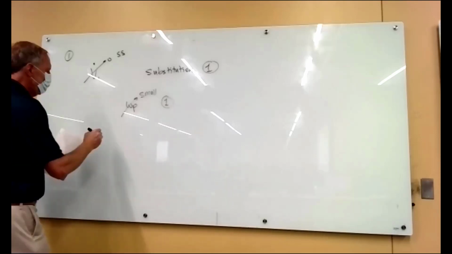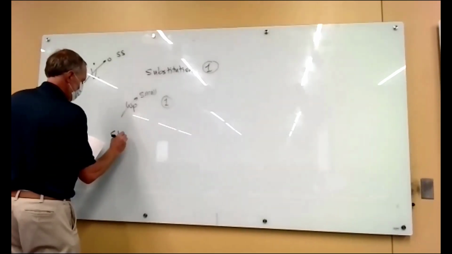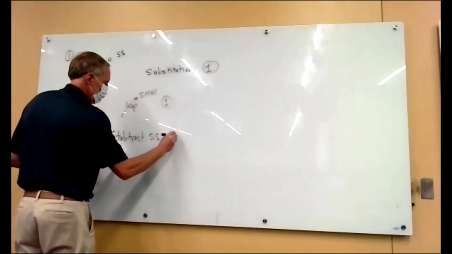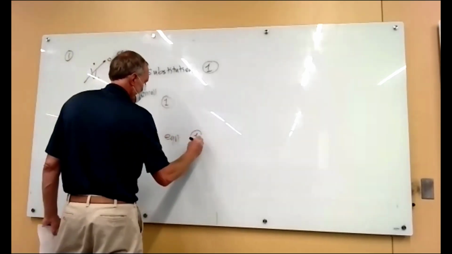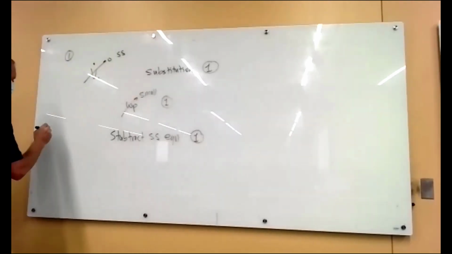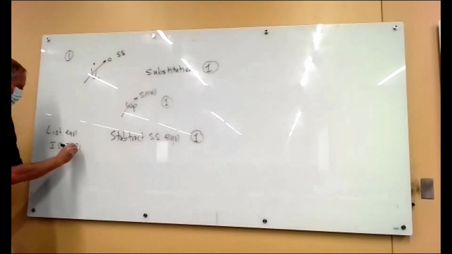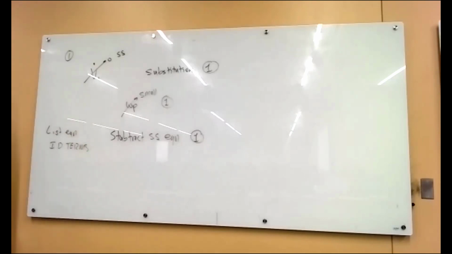And then subtract steady state equation. That was worth 1 point. You needed to do more than just say that you did it. You needed to either list the equation or ID the terms.